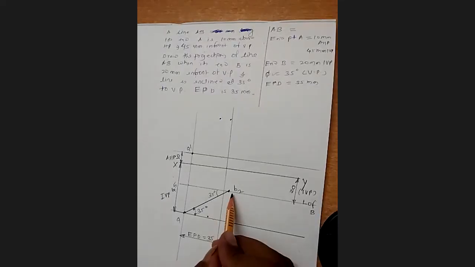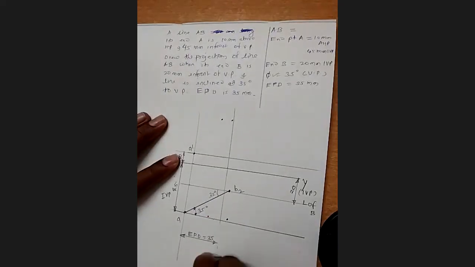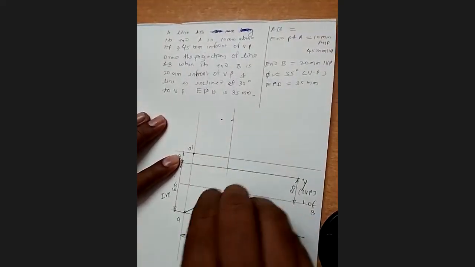From the B2 point, usually what you do, that is the matter. I think it will not give the clarity. So what I will do, I will change the end projected distance now because it will not give the clarity.